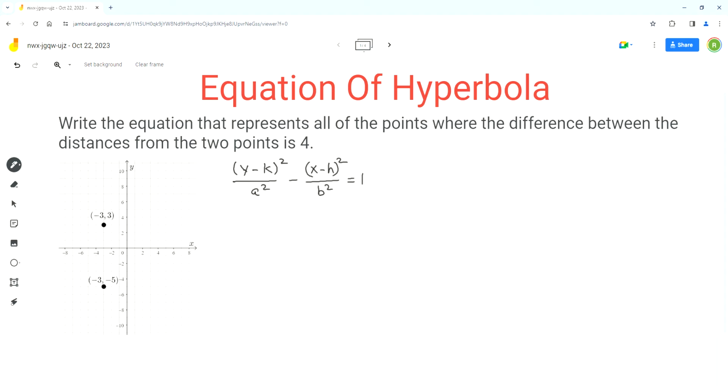So the center point can be found using the midpoint formula, and for that we'll add the x numbers of these 2 points and divide the result by 2, and we'll add the y numbers and divide the result by 2.